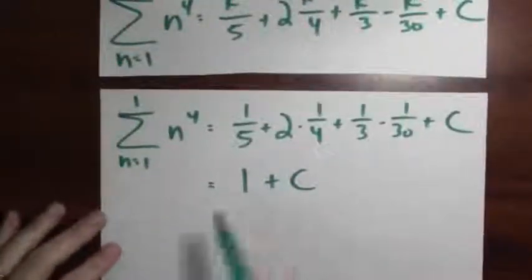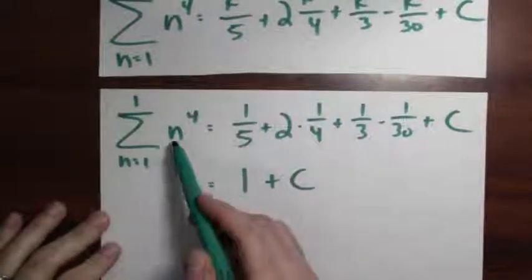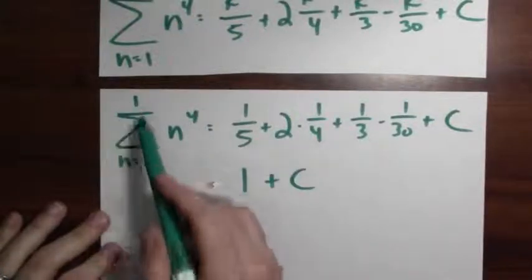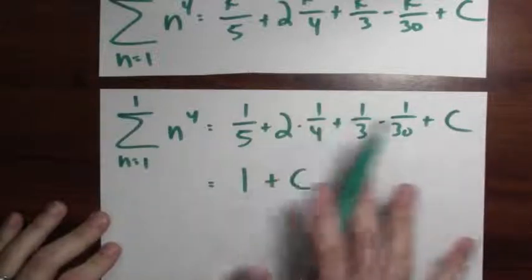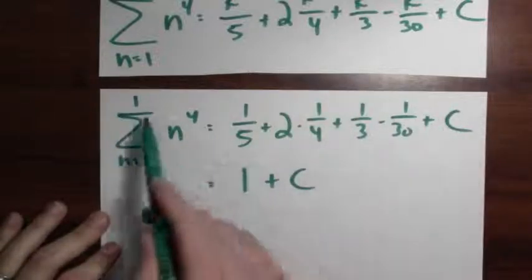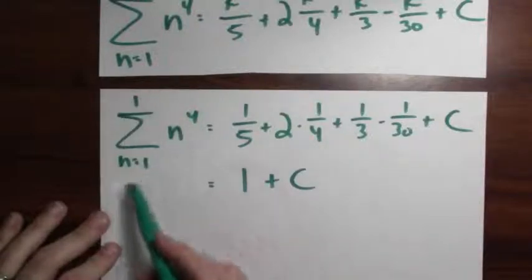We can check it. Here's a sum from n equals 1 just to 1 of n to the 4th. And I can just plug in any value of k that I like. Since this constant c doesn't depend upon k, I can figure out what that constant is by looking when k equals 1. So this is just 1.